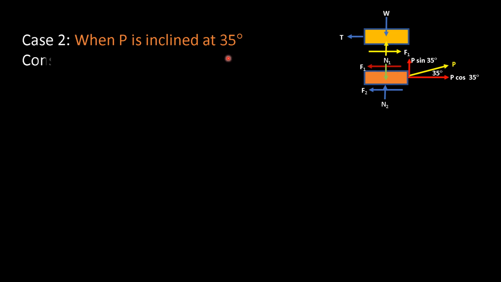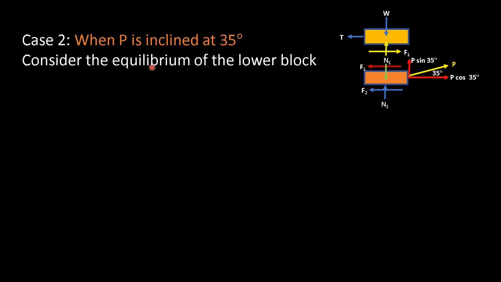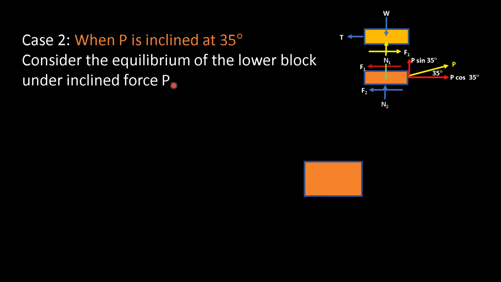Let us consider case 2, where P is inclined at 35 degrees. Consider the equilibrium of the lower block. Under the inclined force P is inclined at 35 degrees with the horizontal. Summation of vertical forces equals 0.